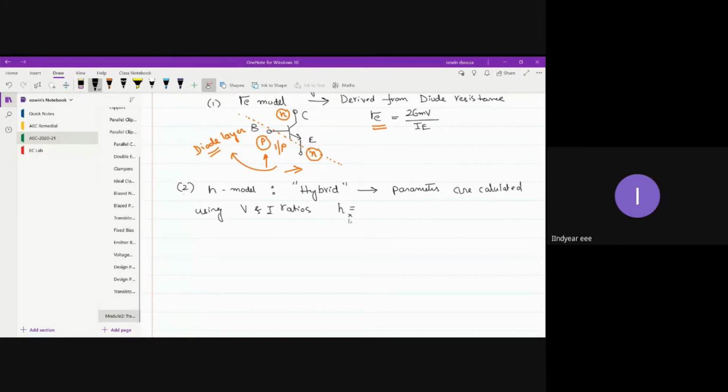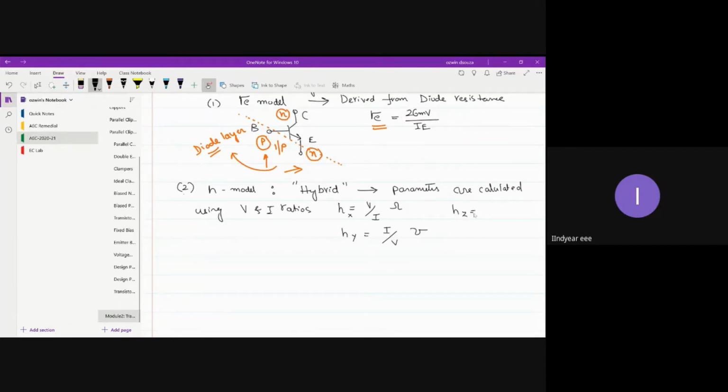You may have some H parameter, let's say Hx. Don't worry about what Hx is. It may be calculated by taking the V by I ratio, so the unit becomes ohms. Then you may have some Hy parameter that can be found by taking the I by V ratio.